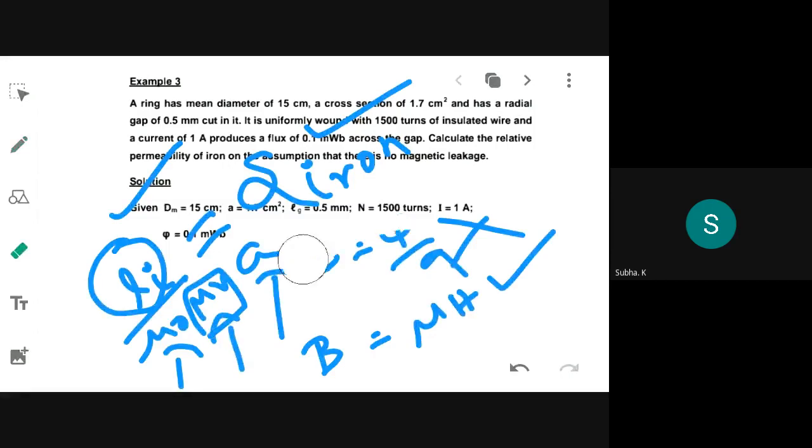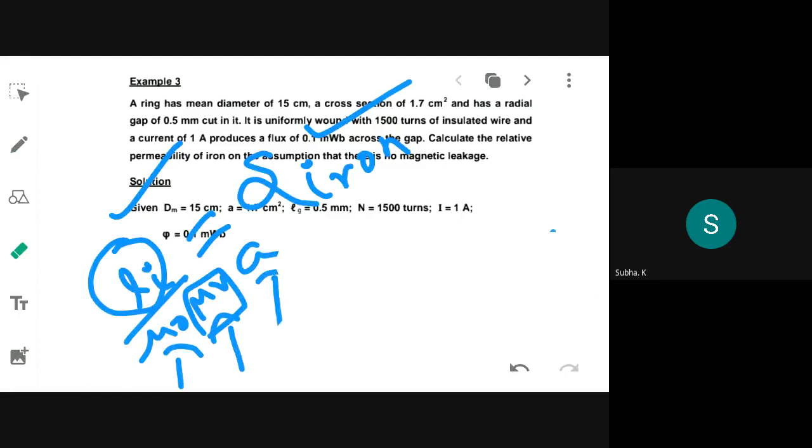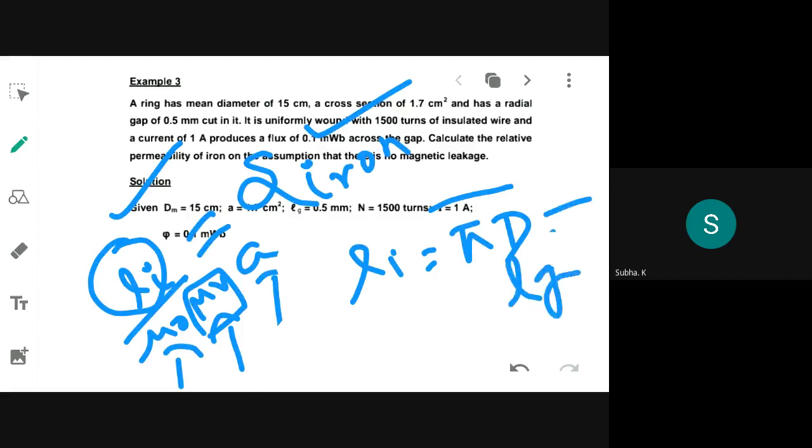So how will I find Li, that is the iron path length? You know there is a formula pi d, but you have that air gap also here. So from the total mean length, if you subtract the air gap length, then you will get the mean length of the iron alone.